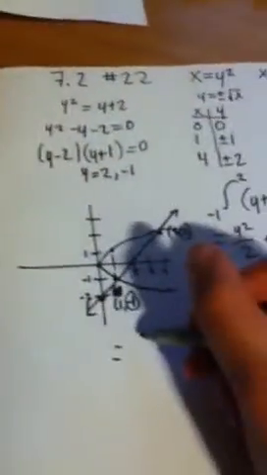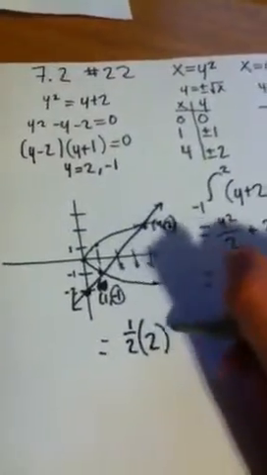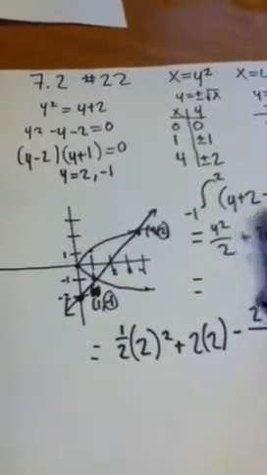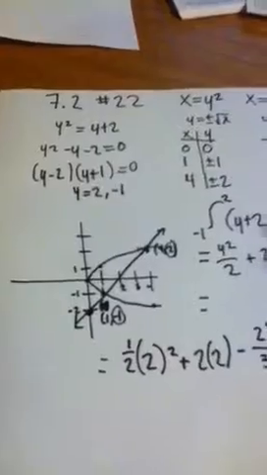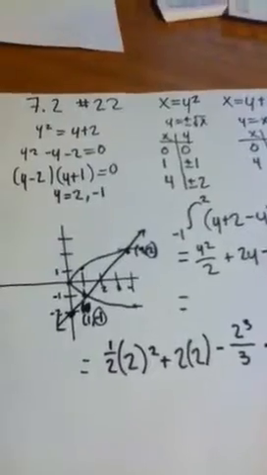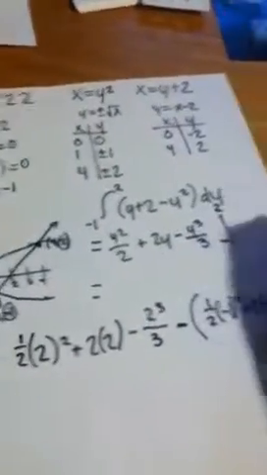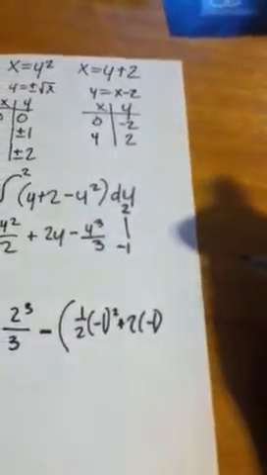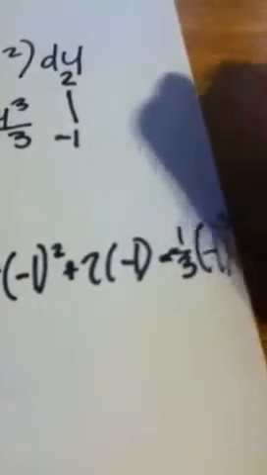So first we plug in 2, so it's going to be 1/2 times 2 squared plus 2 times 2 minus 2 cubed over 3, minus the whole entire quantity, 1/2 times negative 1 squared plus 2 times negative 1 minus 1/3 times negative 1 cubed.